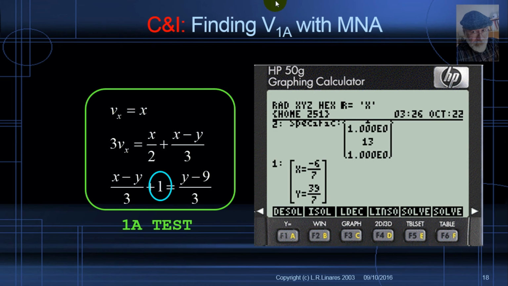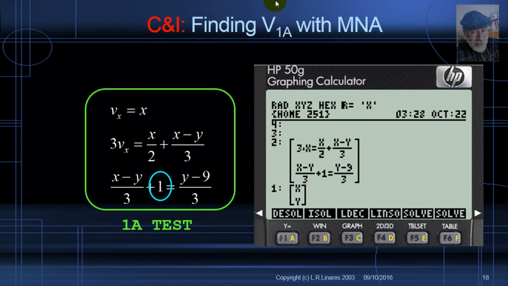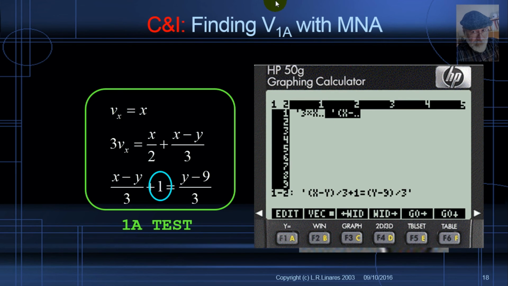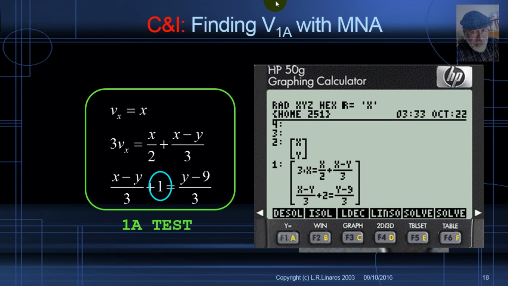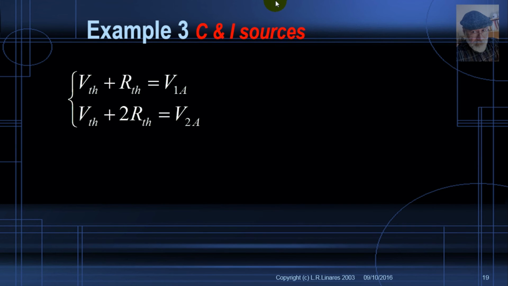We can just solve the system, find what is the value of Va, and then once we have that written on paper safely, we undo, swap, down arrow, and edit that equation and change the 1 for a 2. Enter, swap, solve again, and find the value for Vb without having to retype the M&A equation.